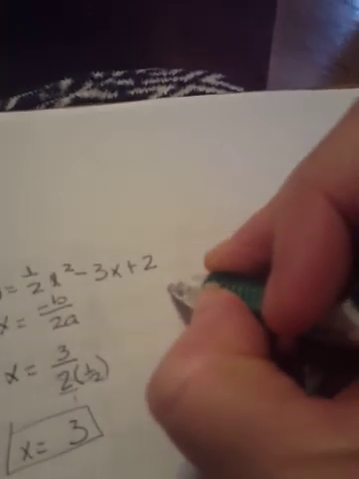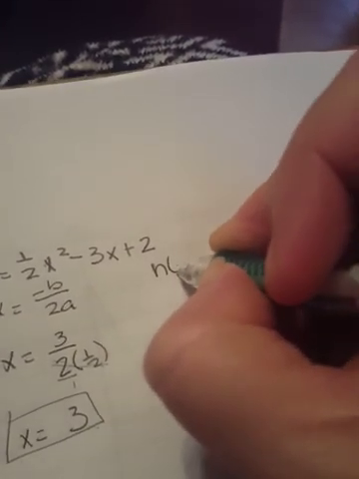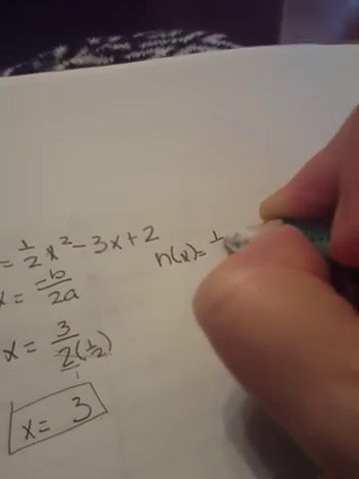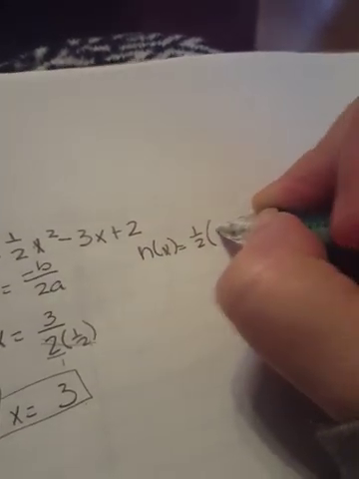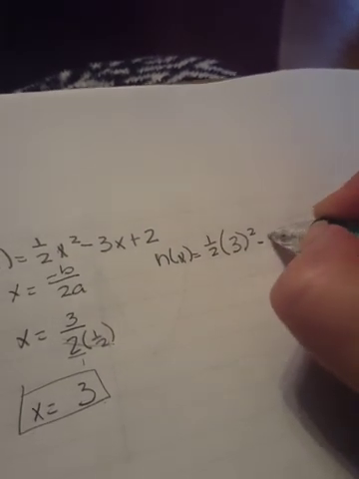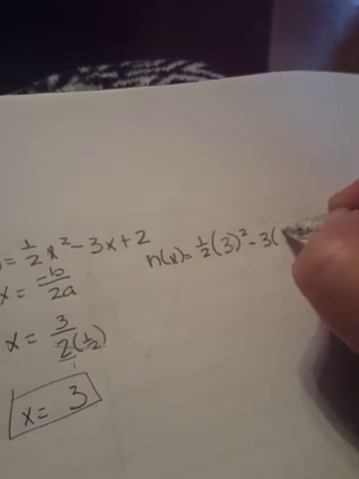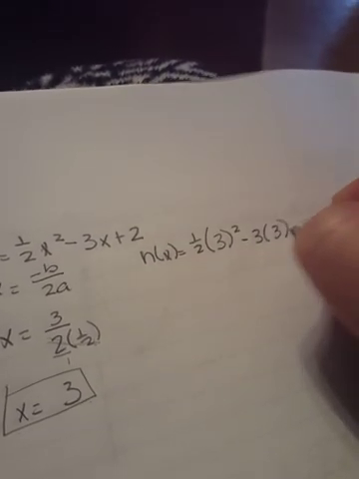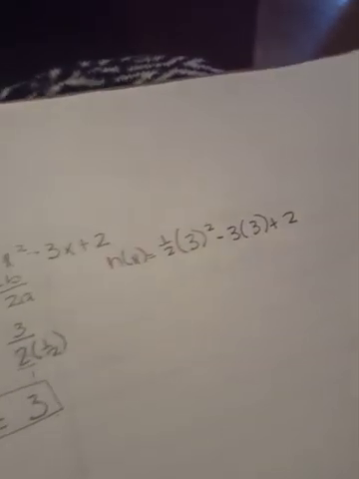We're going to plug that into our value over here. So we have h of x equals 1/2 times 3 squared minus 3 times 3 plus 2.